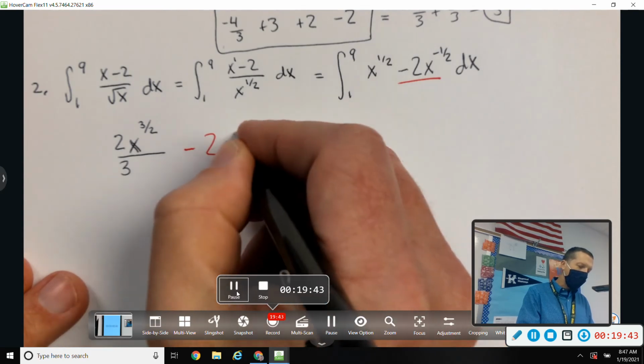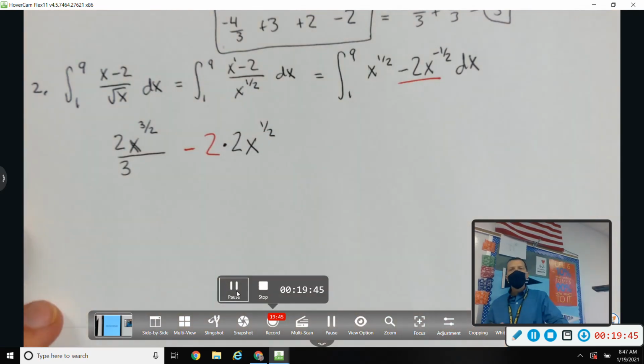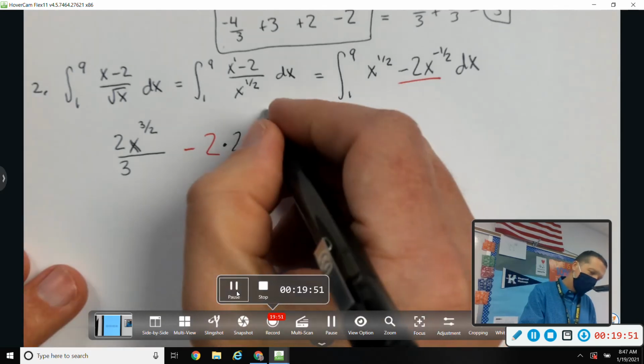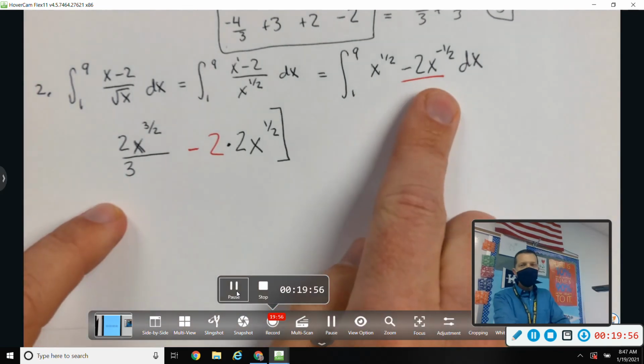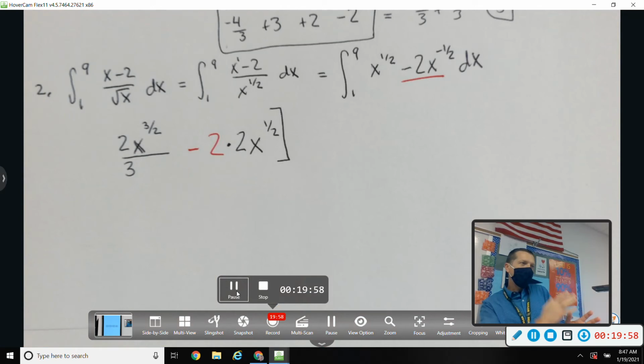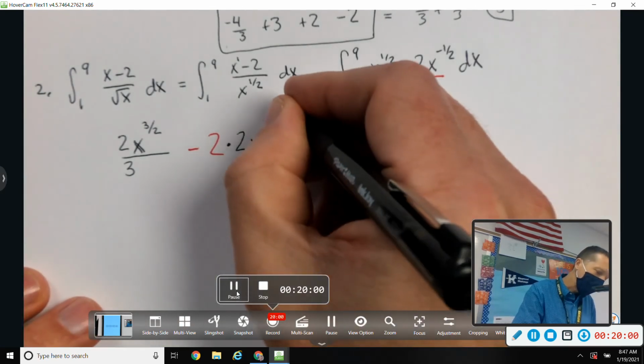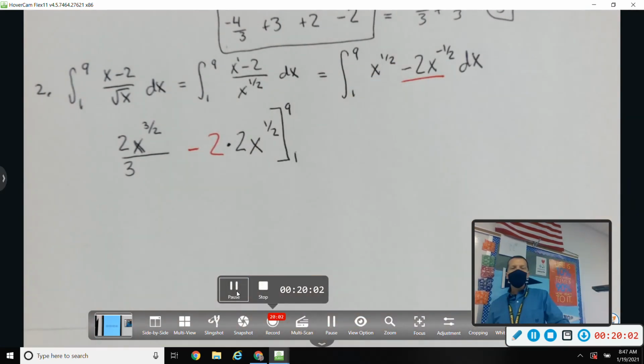I'd rather multiply by 2. So another 2 shows up there. And then the symbol is, I've already taken an antiderivative, so now on the back side of that, I'll put the 1 and the 9. I want to evaluate that at 9 and evaluate that at 1.